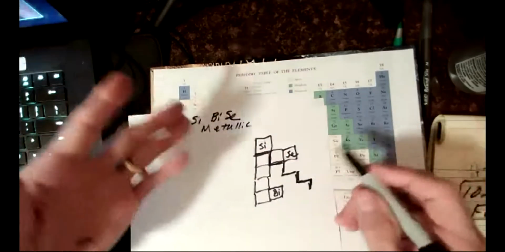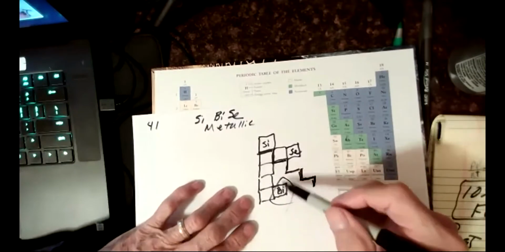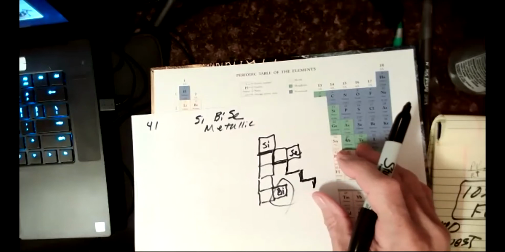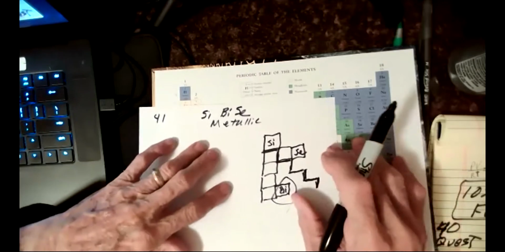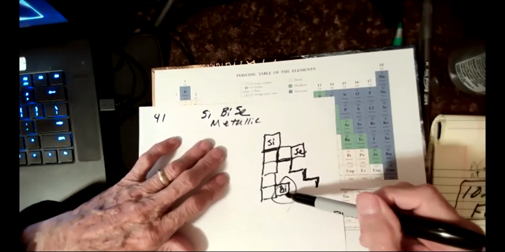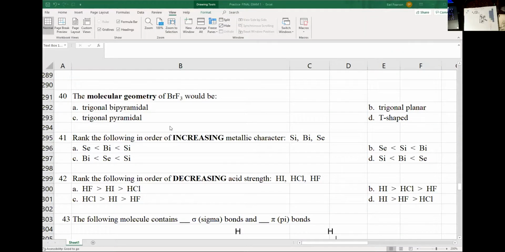Well, you know, just looking at that, element is clearly in the metal side, the others are not. So that one's not going to be as metallic as this. So the least metallic, what did the question say? I have to look back at it. And it says increasing metallic, oh, I said it right there, increasing metallic character.